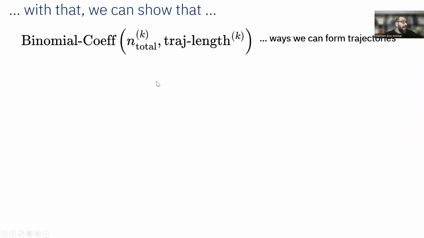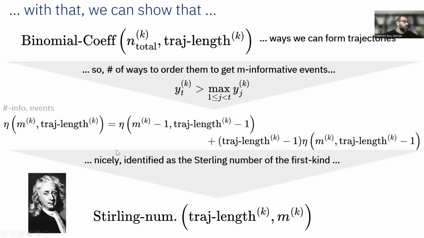With that, I don't want to go into all those details, but what we can show is that the number of ways to order those trajectories such that we get informative events, which are events where the new y is better than the best we've seen so far, is given by something called a Stirling number of the first kind.